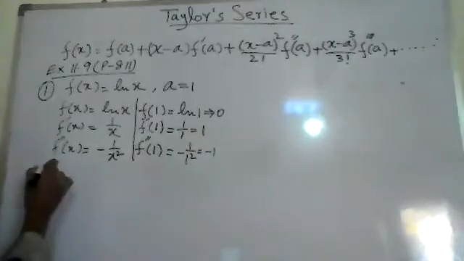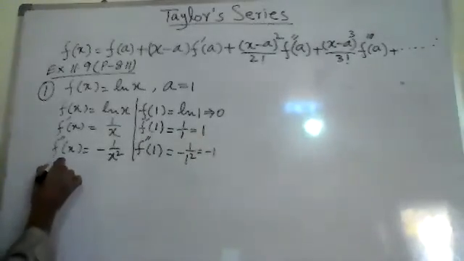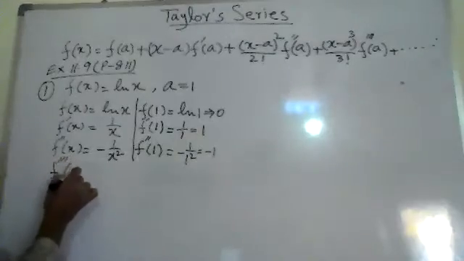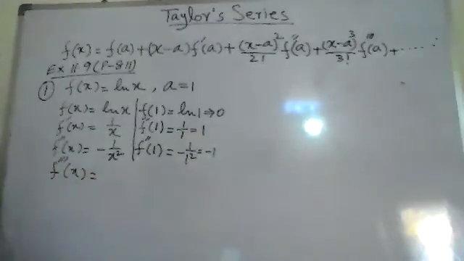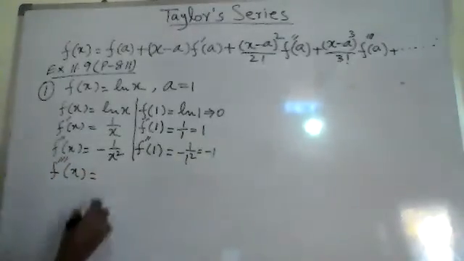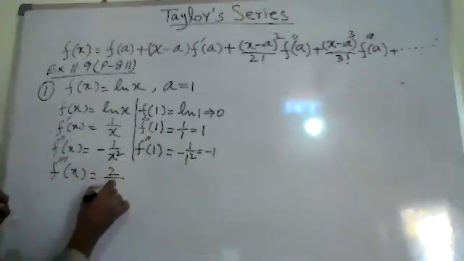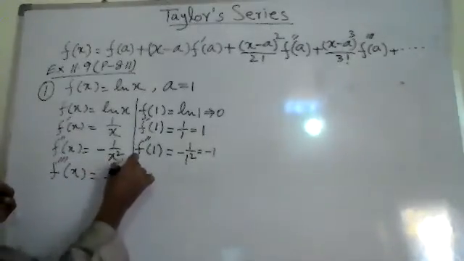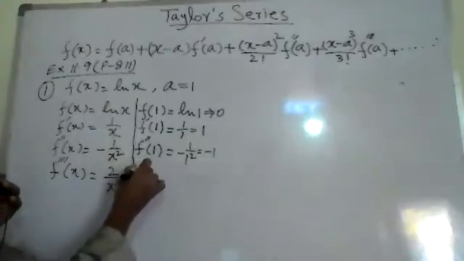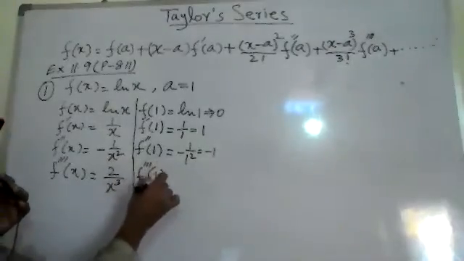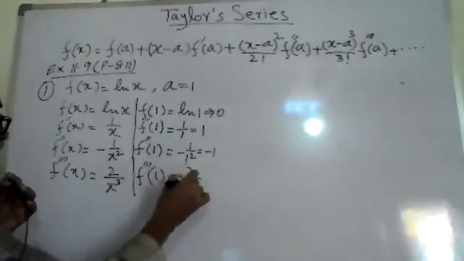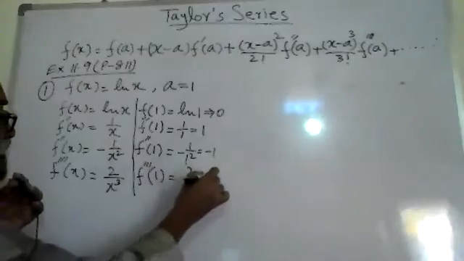Then the third derivative, f triple dash x, will become plus 2 upon x cube. So this is the third derivative. 2 upon 1 cube is equal to 2.